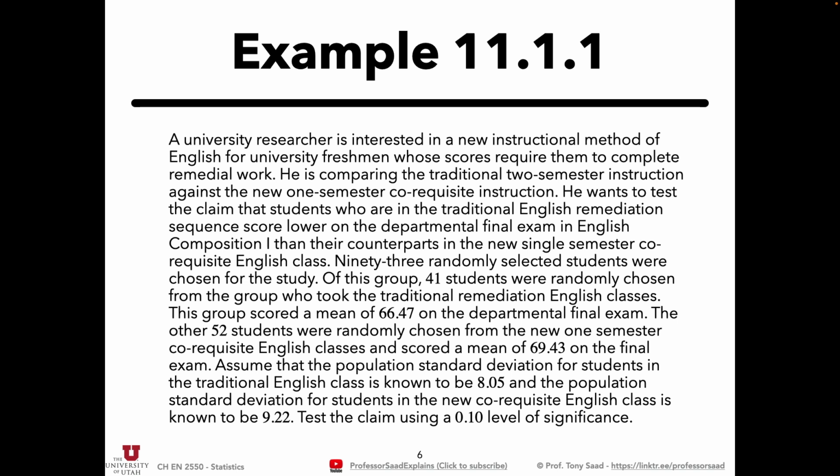So he's saying that mu1, the average final exam grade from that population, is less than mu2, the average final exam grade from the new approach. All right? That gives you the claim, or the research hypothesis. Therefore, you automatically infer that the null hypothesis is that there's no difference between the two. That's the case for most situations, that mu1 and mu2 are equal. I don't need to know mu1 or mu2 or the claim about the population, just that their difference is 0.